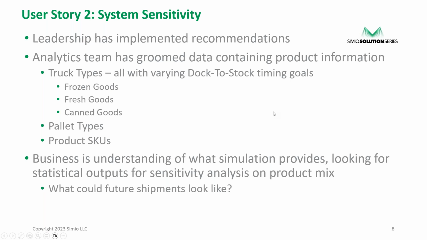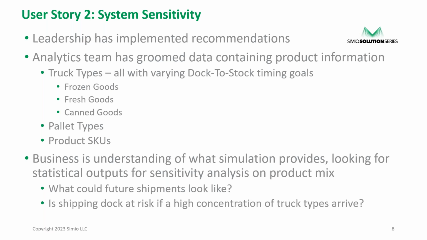Given that we have some data sets of historical times, maybe we want to look into the future and ask what future shipments could look like. So we're going to have the system produce random truck arrivals that are indicative of what a truck arrival could look like.